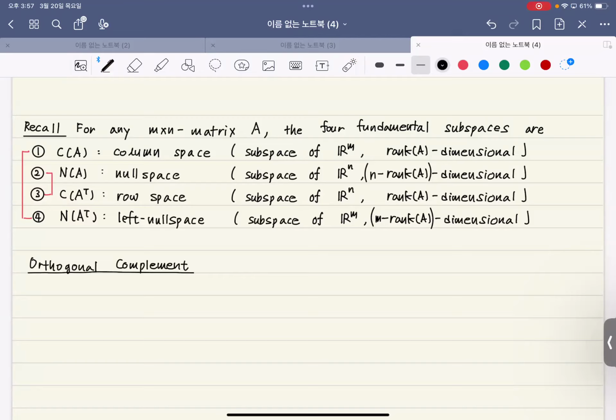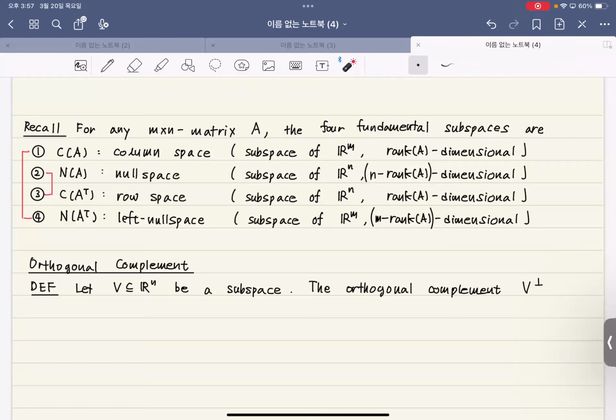Now, orthogonal complement. Let me say that I have chosen some subset V of Rn, and I want to define the orthogonal complement. We use this symbol to represent the orthogonal complement.